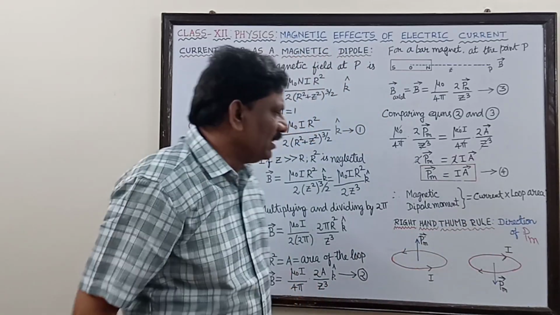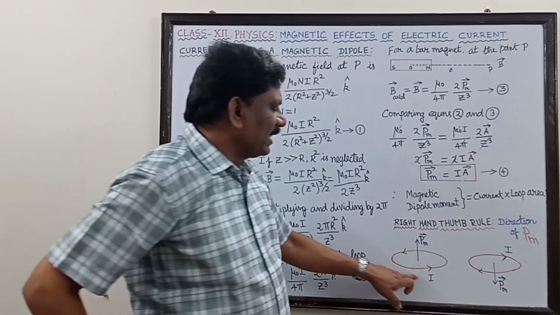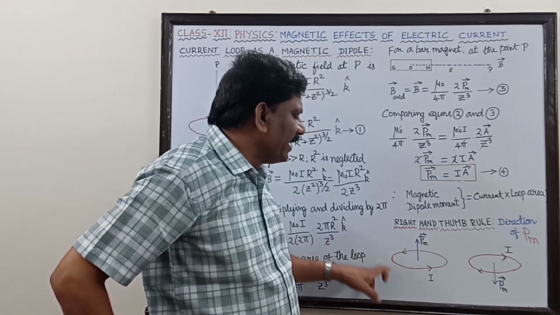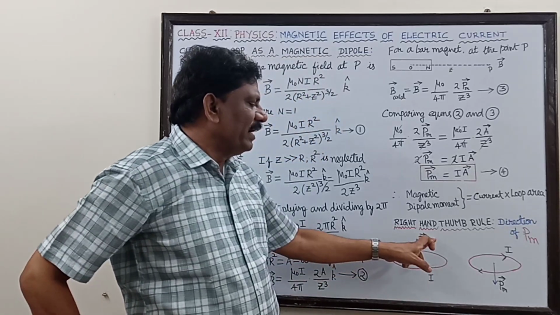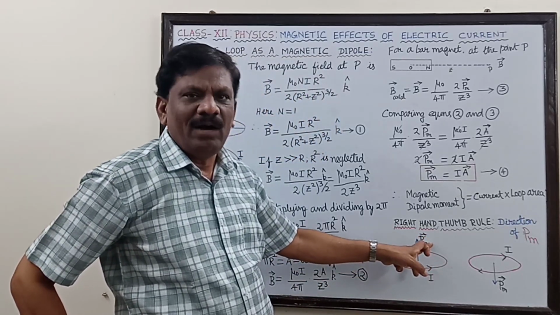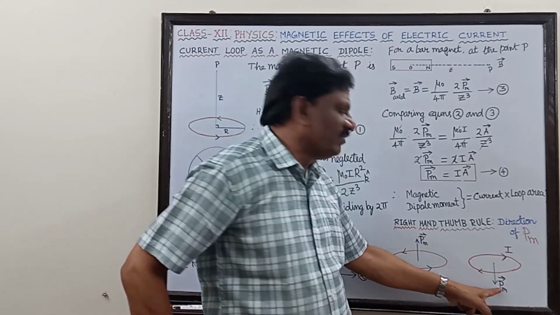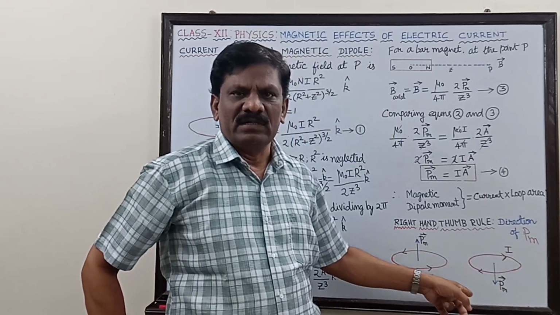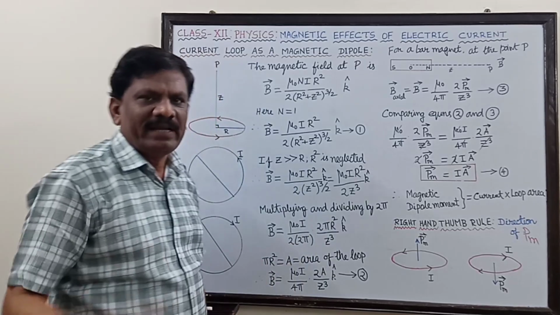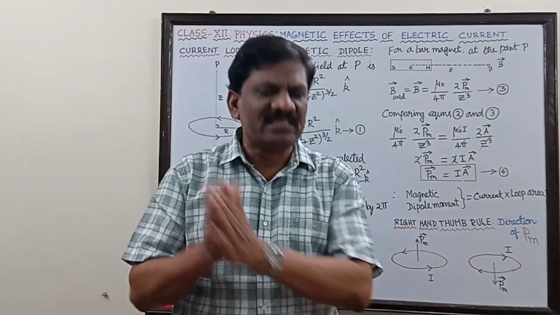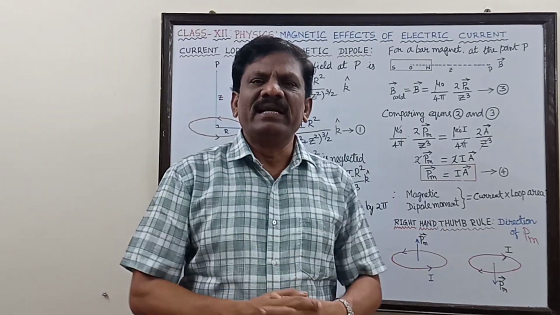So according to the right hand thumb rule, if the current is flowing in the anti-clockwise direction, then the direction of magnetic moment will be upwards. If the current is flowing along the clockwise direction, then the direction of the magnetic moment will be downwards. There is another rule called the end rule, which you are going to study in the next chapter, electromagnetic induction.